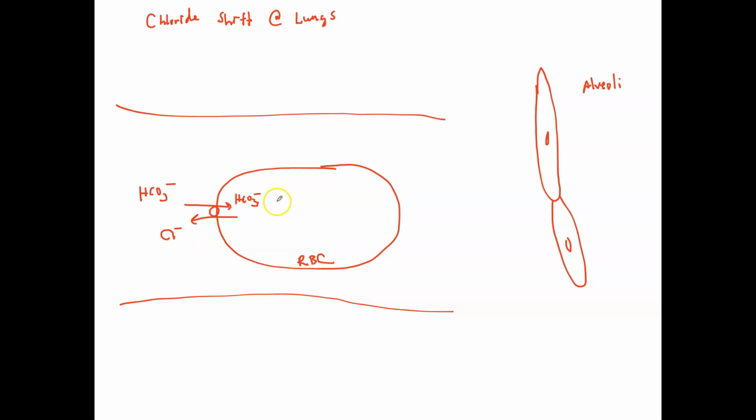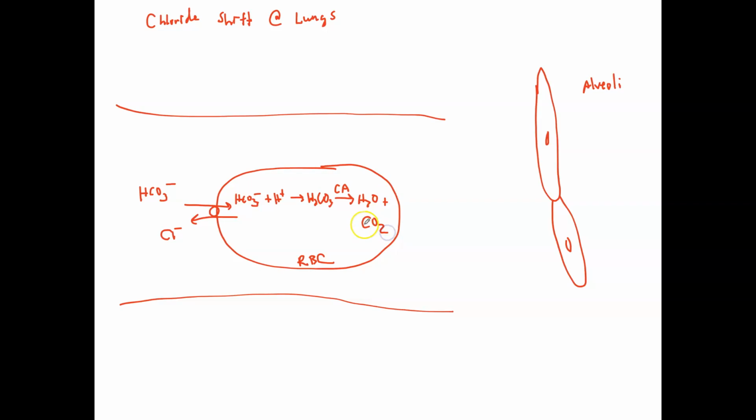And now we can do the reverse reaction where bicarbonate combines with hydrogen ions to form carbonic acid, enzymatically catalyzed by carbonic anhydrase to form water and carbon dioxide.